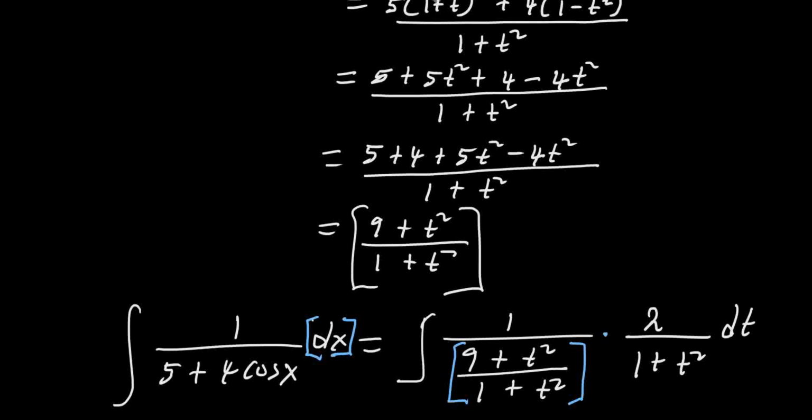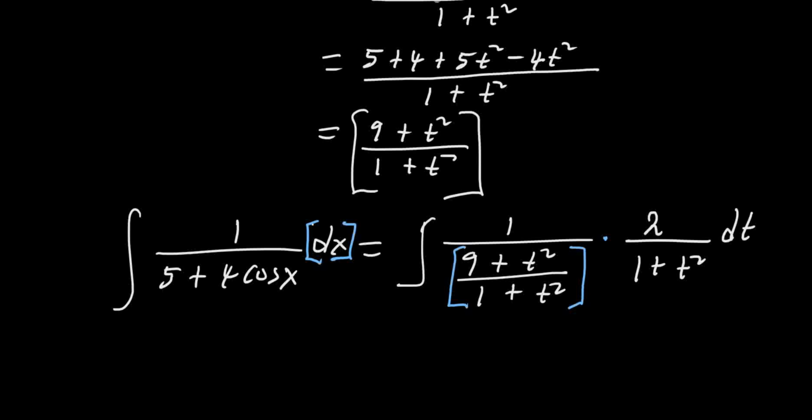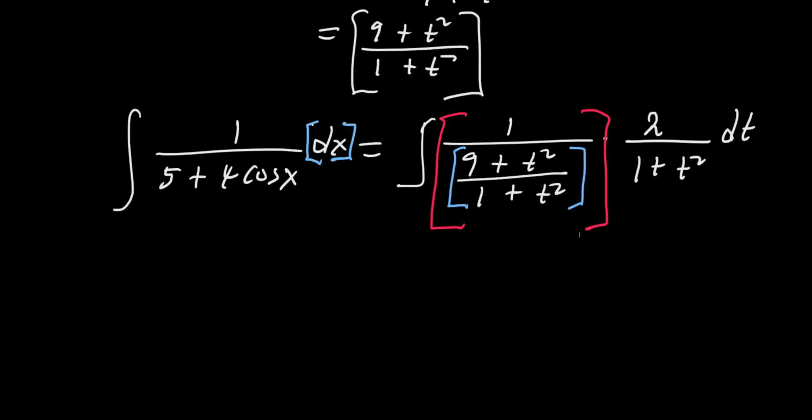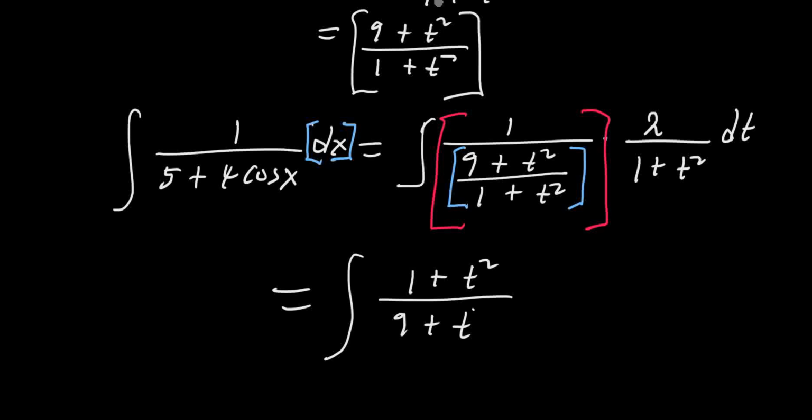So now we are going to simplify this part. If we simplify this part, then we are going to have the integral of (1 plus t squared) over (9 plus t squared) times 2 over (1 plus t squared) dt.